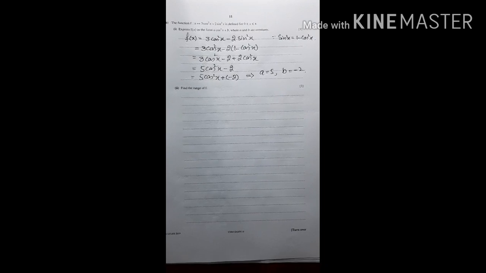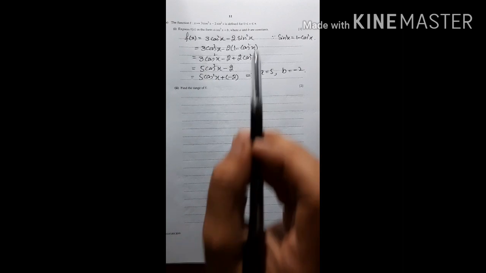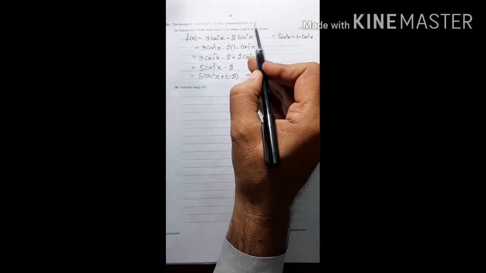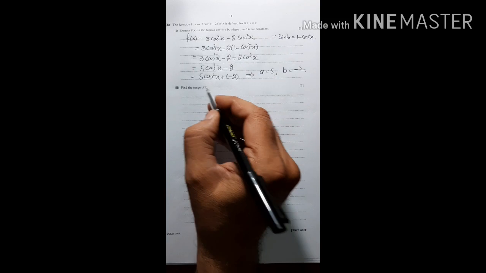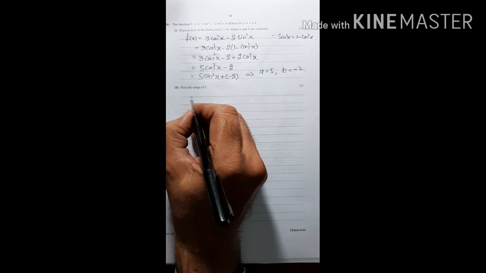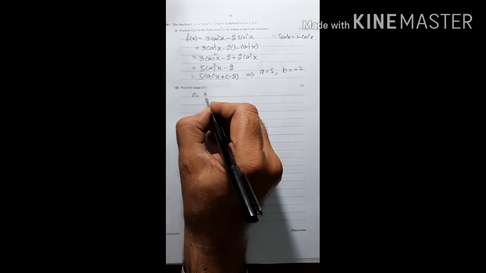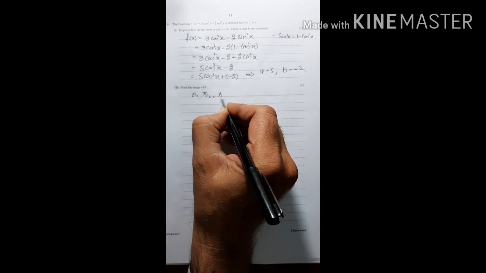Okay, now part 2. Find the range of f. For the range, we have domain 0 till pi. So we can put three values, 0, pi by 2 and pi, and we can find out the extreme values.